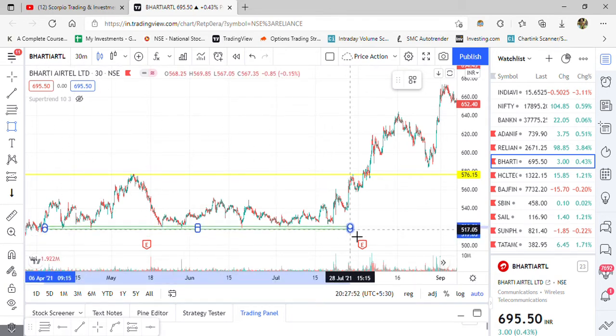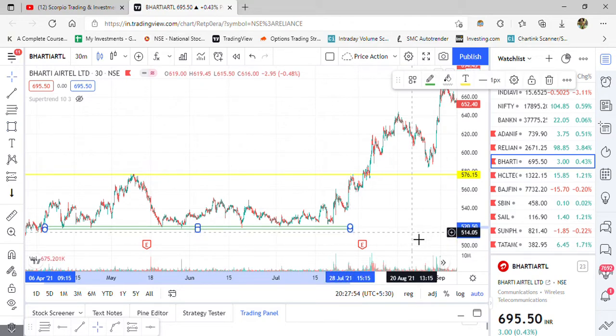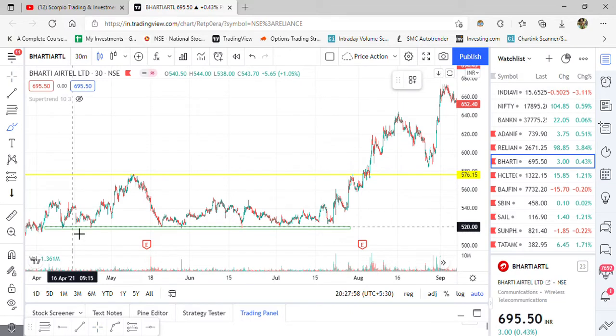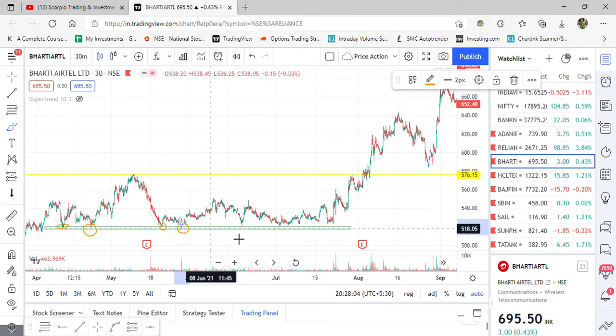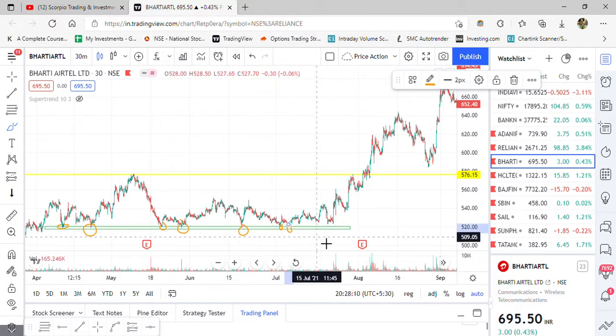You can easily mark where the stock has taken support multiple times here. 1, 2, 3, 4, 5, 6, 7, almost 8 times.